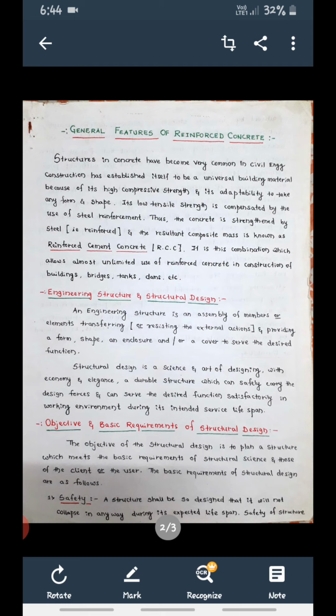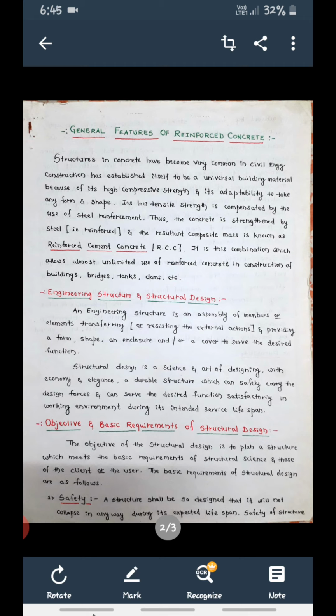During this period it should not be damaged or collapsed. So that is called safety. Safety is an important requirement for the design of a structure. The design should be safe. It can take any type of load without damaging or collapsing. So that is called safety.